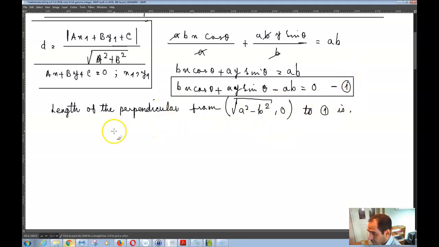I can write, for example, P1 is equal to the absolute value of ax1 plus by1 plus c over the square root of a squared plus b squared.